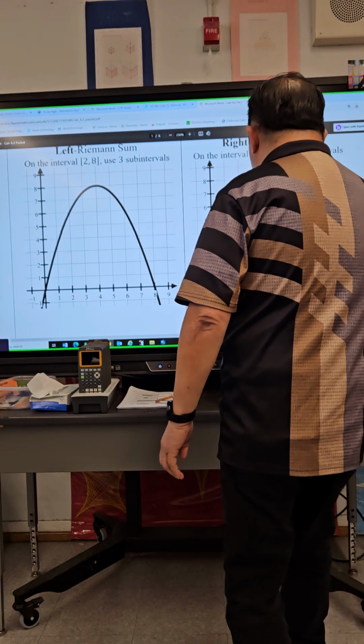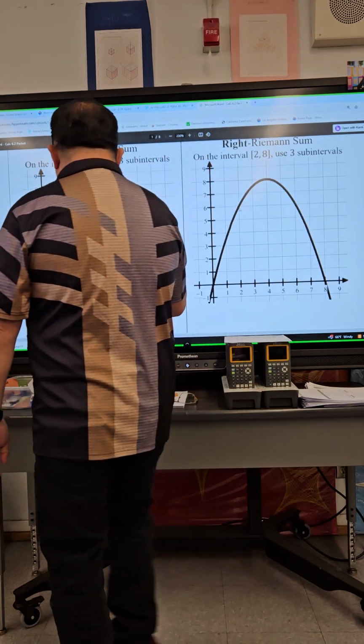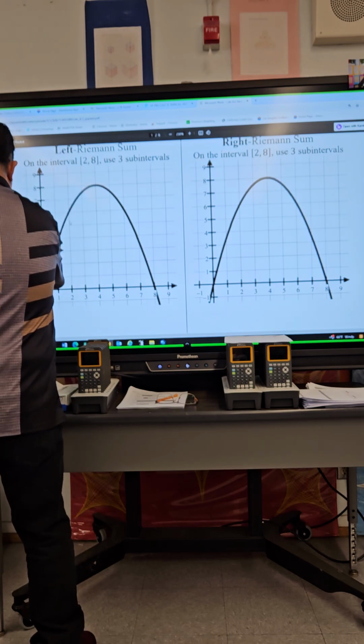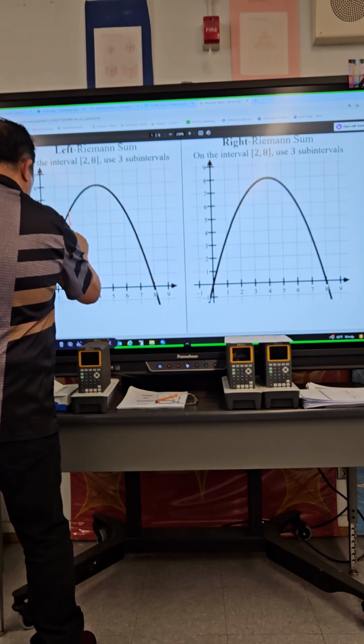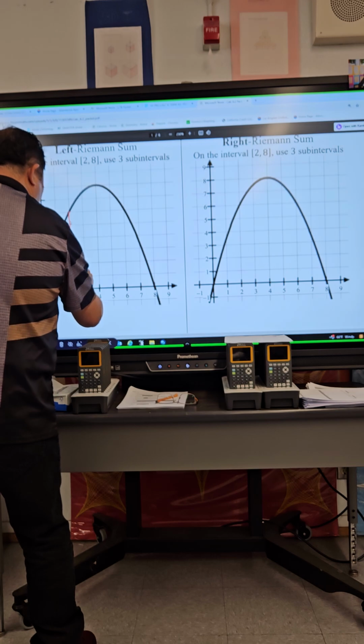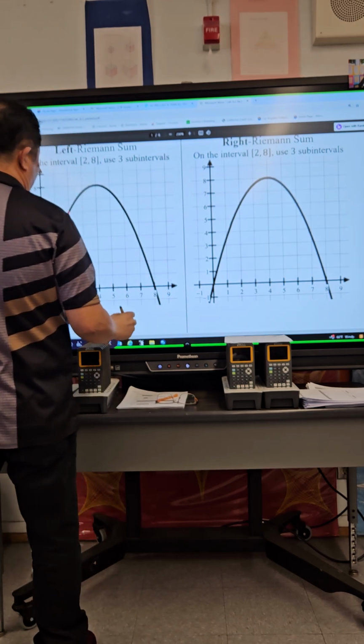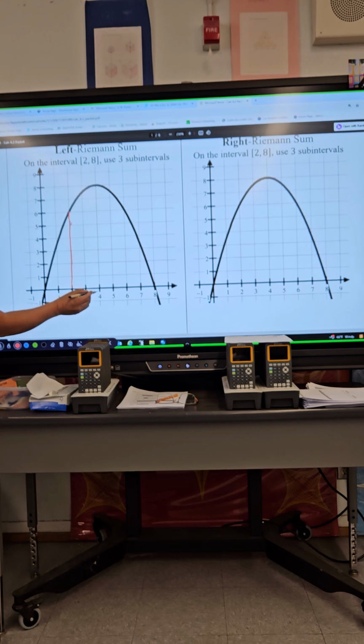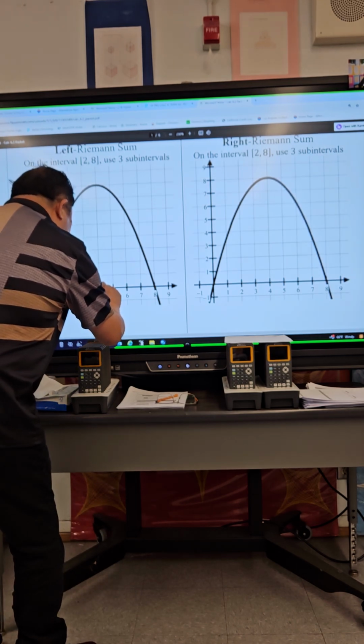So from here up to here, from 2 to 8, the width is 2, right? Next, another 2 right here is the width.